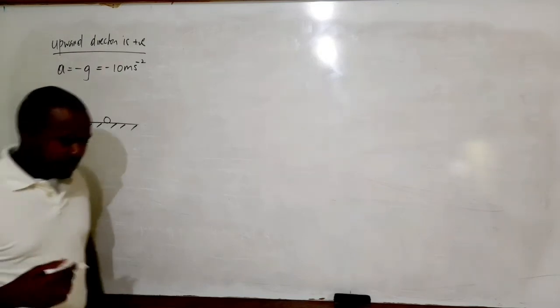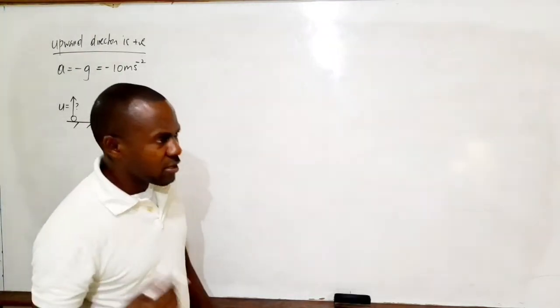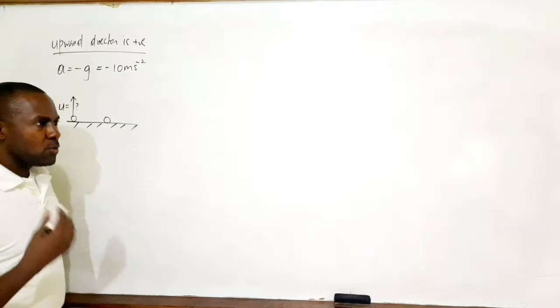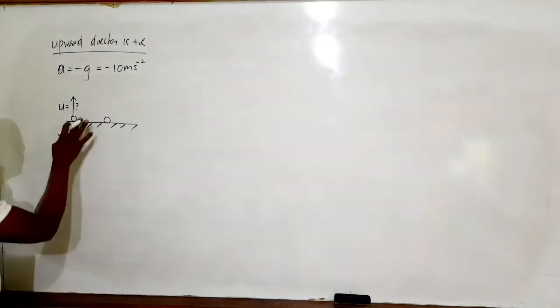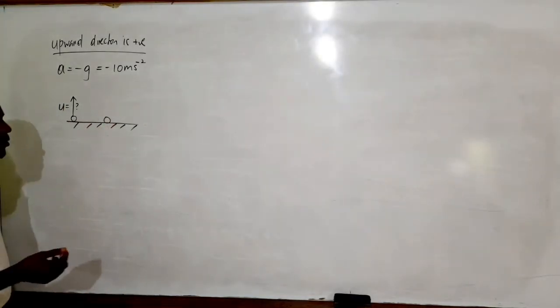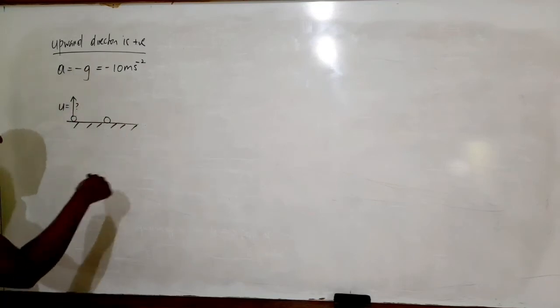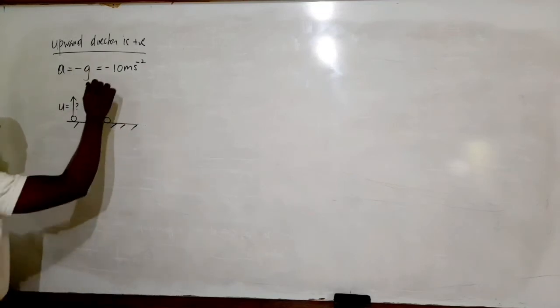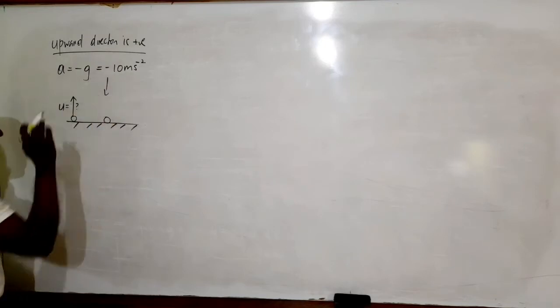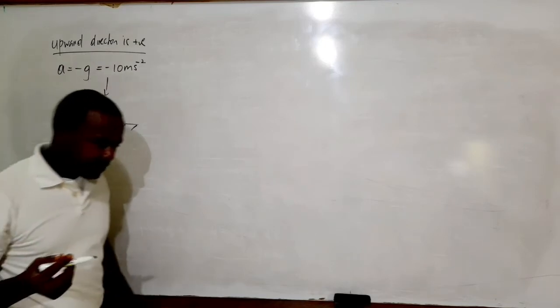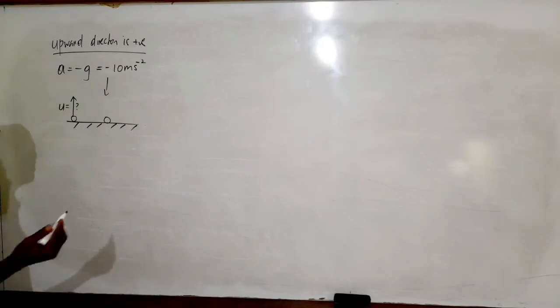Even though it wasn't categorically stated in the question, we have to make the assumption that the stone returned to its initial level of projection. So the stone rose to some maximum height, it would then stop and then fall back to its initial level of projection in a time of 5 seconds.